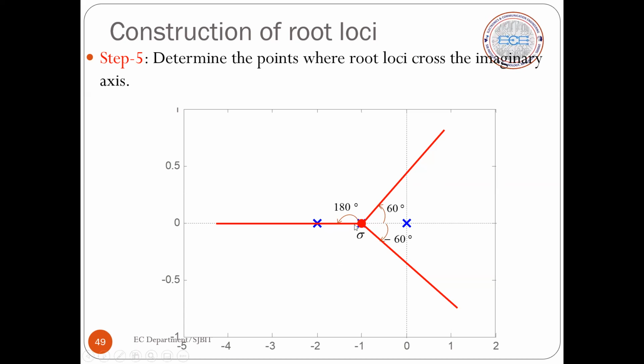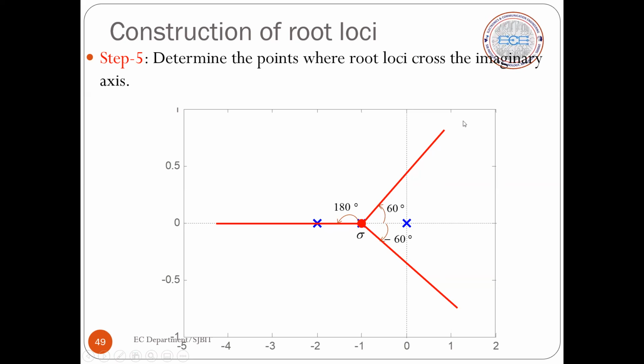As we found, between 2 poles there exists root locus. Root locus originates from this pole as well as from this pole. They meet, and we calculated the breakaway point also, and it branches. Once it branches from here, it moves away from the real axis and takes the direction of the asymptotes. It just follows the asymptotes.